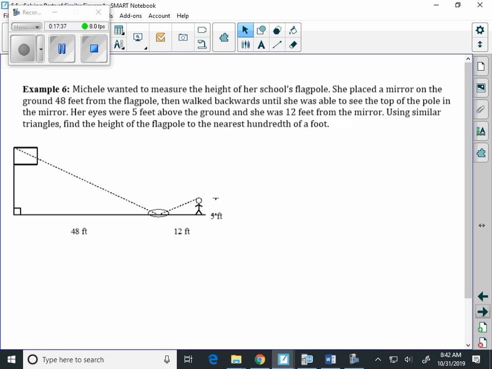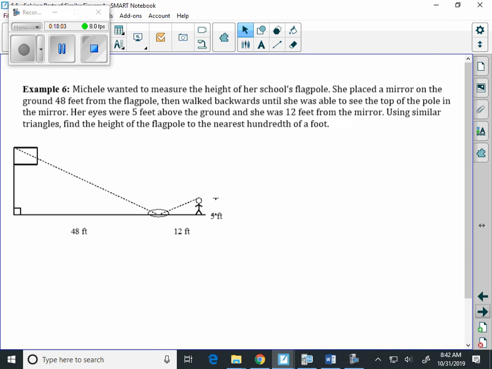So this particular problem here, we don't have any triangles to revert back to. But since we do have similar triangles, let's set up our proportion here. The height here, her eyes 5 feet above the ground, is going to coincide with the height of the flagpole.